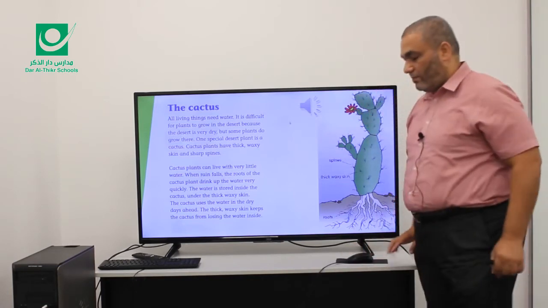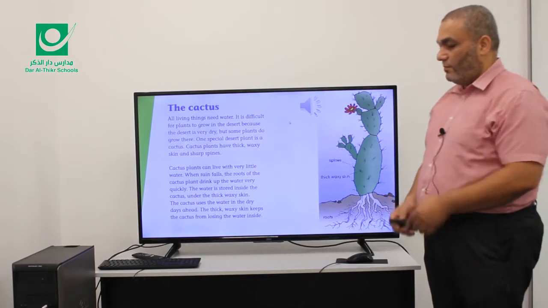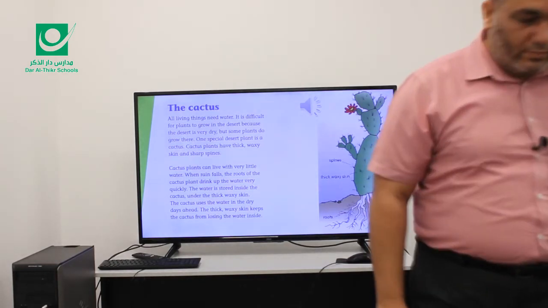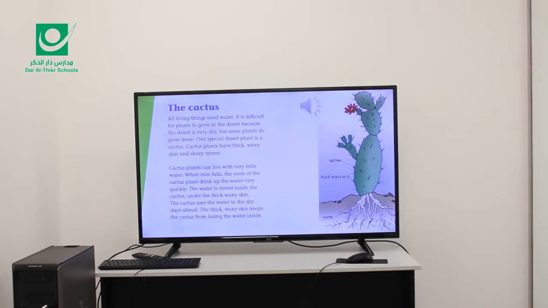Track 24. The cactus. All living things need water. It is difficult for plants to grow in the desert because the desert is very dry. But some plants do grow there. One special desert plant is a cactus. Cactus plants have thick, waxy skin and sharp spines.